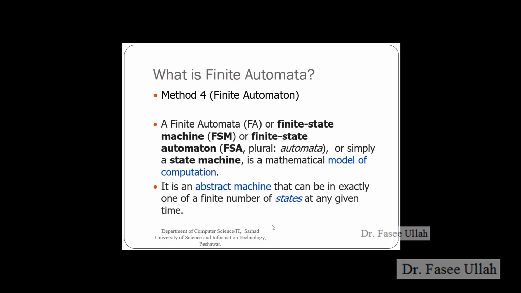For example, we have an admission system in Sarhad University. First of all, the student comes to the admission office, collects the form, goes back home, fills the form, attaches all the required documents, and comes back to the admission office of Sarhad University. At Sarhad University, they check the documents. After completion of the procedure, they forward the set of documents to the faculty.